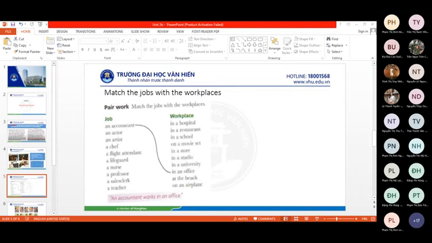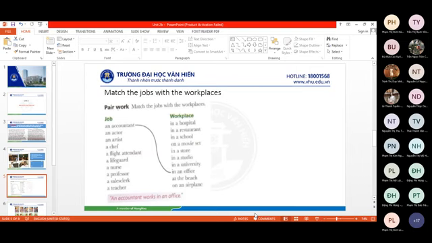So where does an actor work? Yes. An actor works on a movie set. Movie set, what does it mean Vietnamese? Right. Tức là ở trong phim á này, ở trong phim trường cái này. Phim trường, right. Người ta gọi là phim trường, tức là khu vực đóng phim. Right, good. An actor works on a movie set.